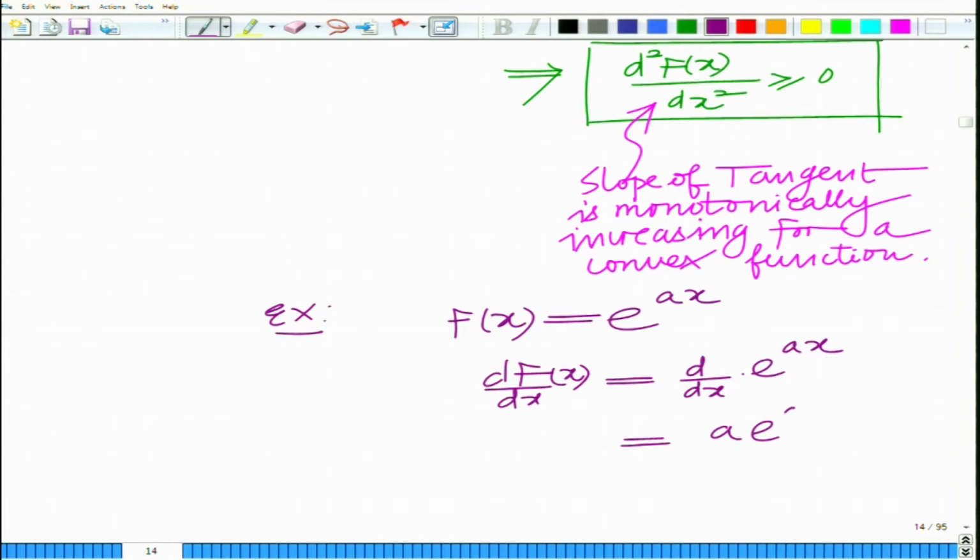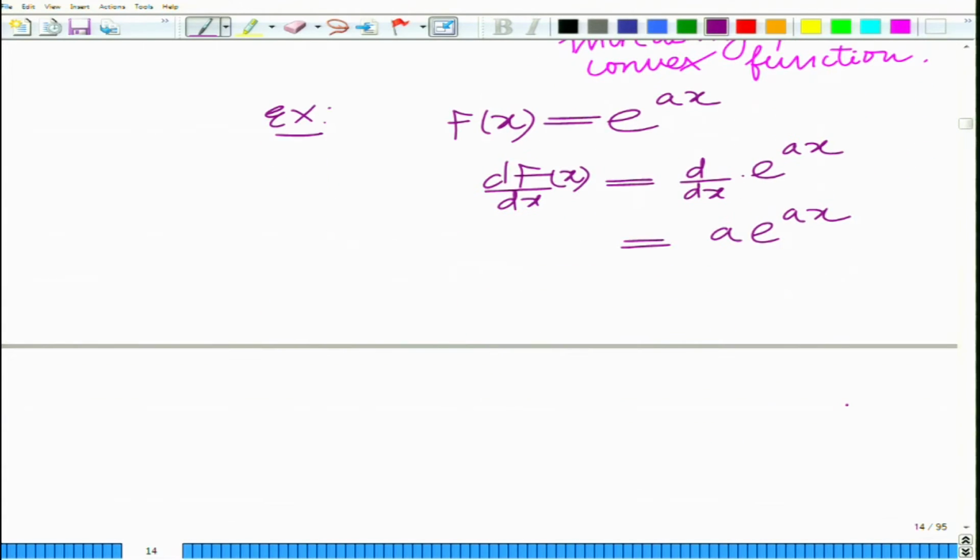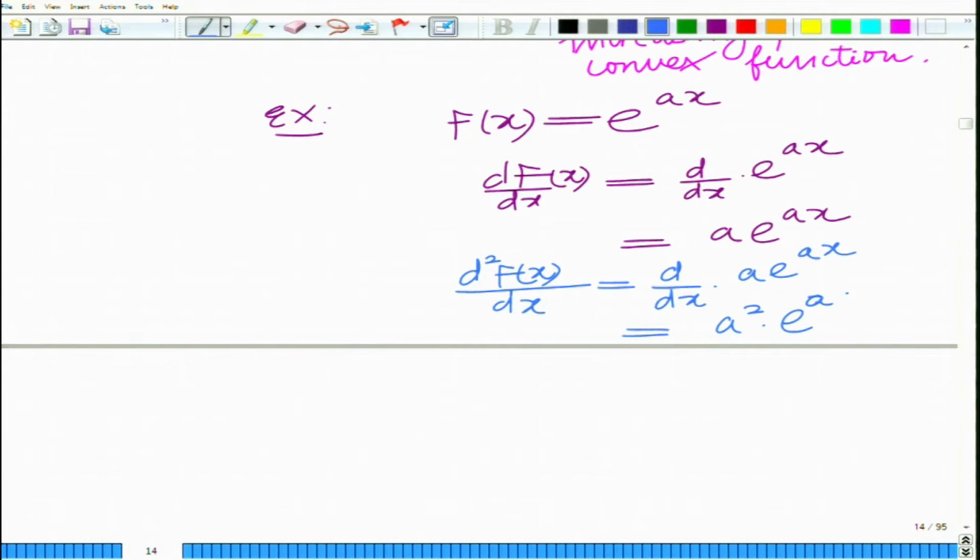We know the derivative of the exponential, this is a e raised to ax. Now, if you take the second derivative, d square f(x) by dx square, the derivative of the derivative, that is d over dx of a e raised to ax, which is a square e raised to ax.